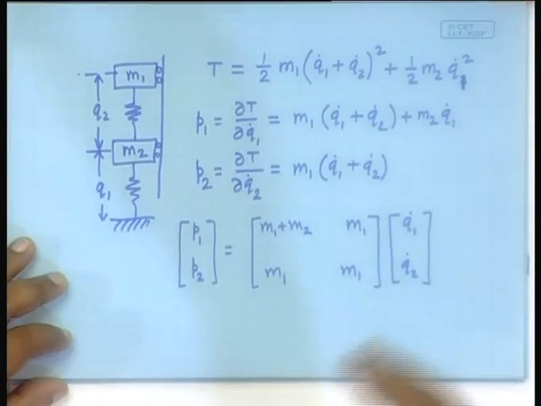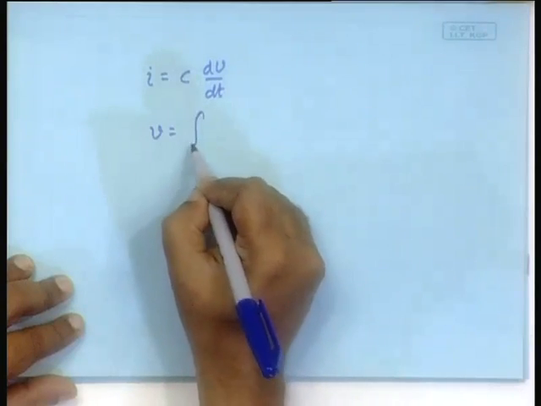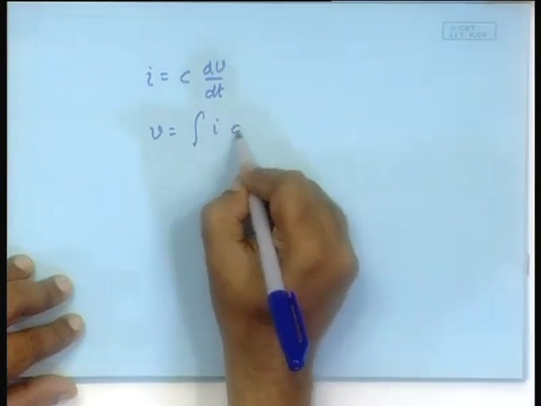When would there be a C field similarly? Well, capacitances are never coupled, since we consider the capacitances as isolated elements. An electrical capacitor's governing equation is I is equal to C dV dt, or V is equal to integral I dt.